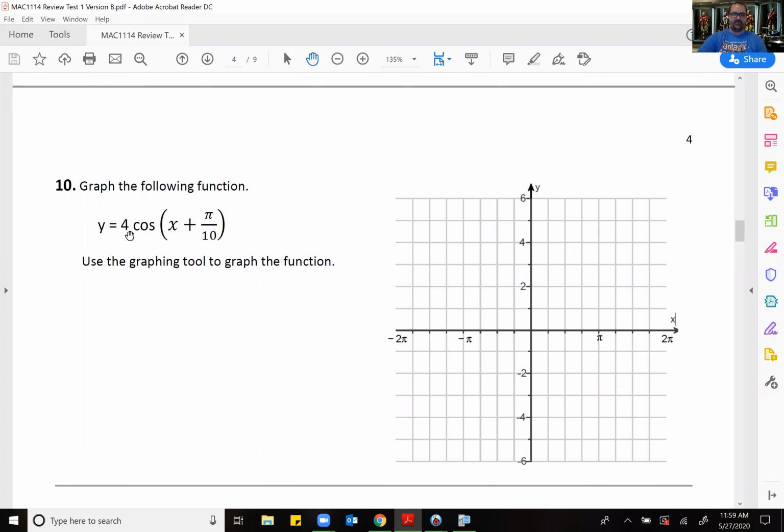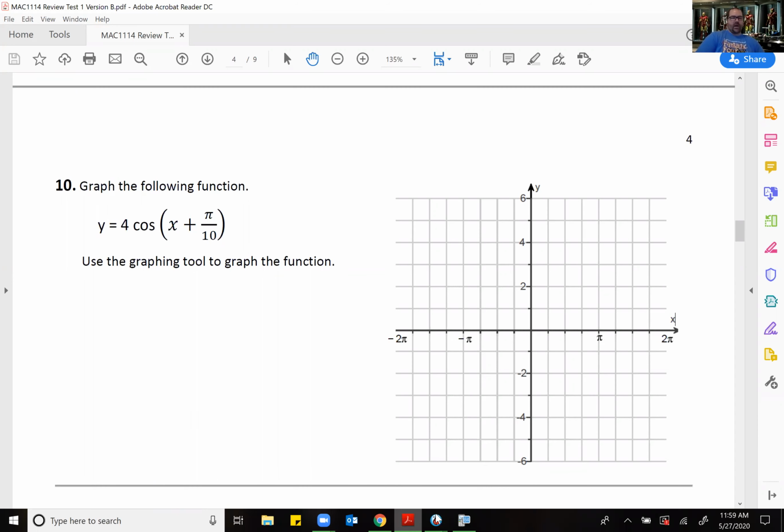So if this A was negative, you would have to check the box for reflect over the x-axis. You should never, ever check the box reflection over the y. We're not going to use it. Not once did you have to deal with it in your assignment. So make sure that if your A is negative, check the box that says reflect over the x-axis. Okay?